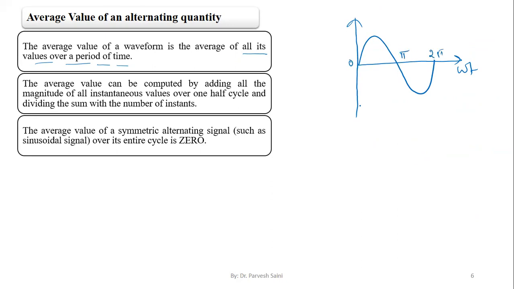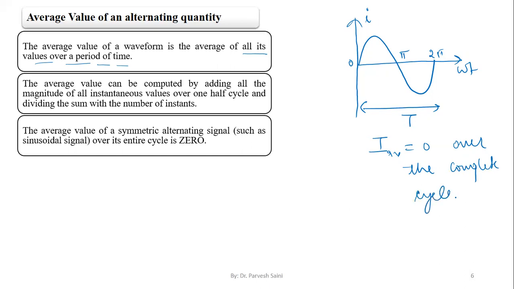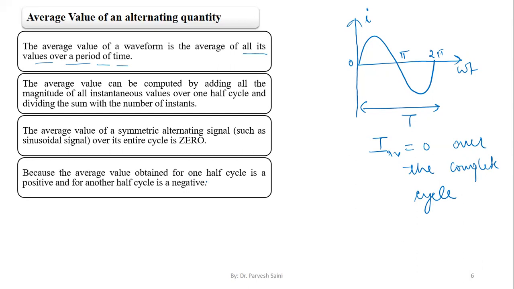So if you find out the average value for this complete time period T, let us say this is a current, the average value would be 0 over the complete cycle, right? Now, what is the reason for this? For one half cycle, the average value would be some positive I average, and for the other half cycle, it would be minus I average.